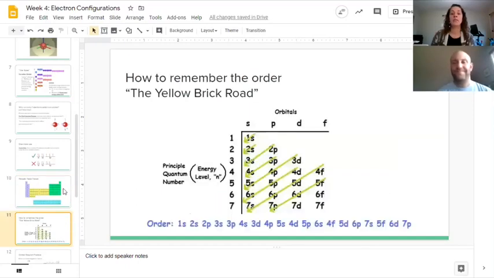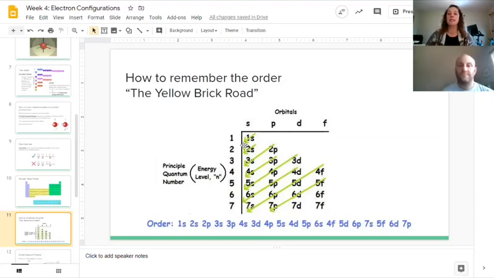So if I line up the sublevels in this diagram here, it's going to be the yellow brick road. This is referred to sometimes as the diagonal rule. This diagonal rule shows diagonal arrows, which is where the name comes from. If I list the sublevels in increasing order, so I've got the 1s, the 2s, 2p, 3s, 3p, 3d, and so forth, then I connect them with these arrows pointing downward.